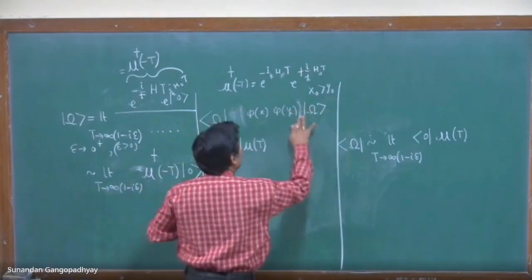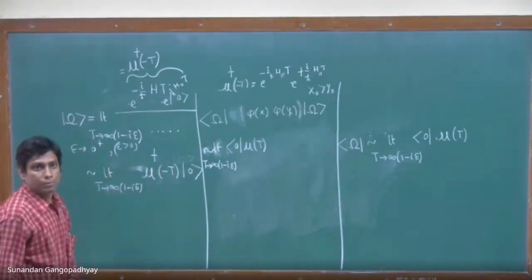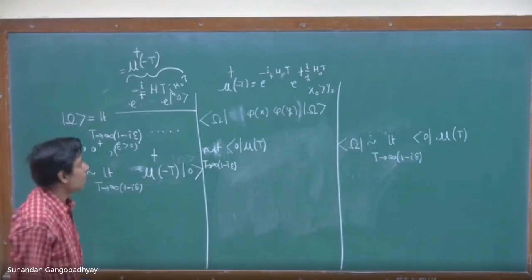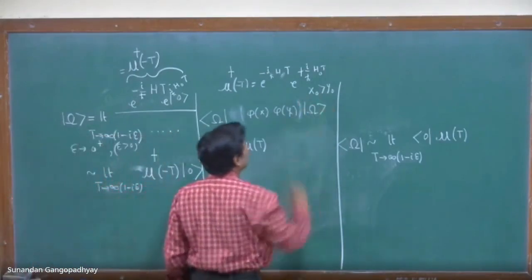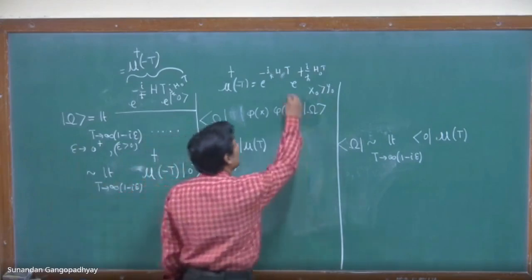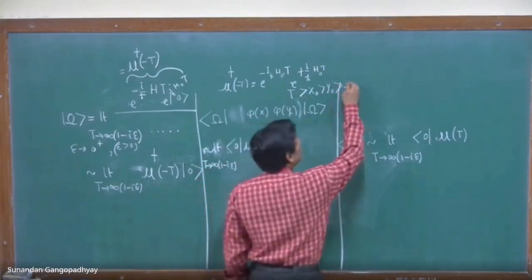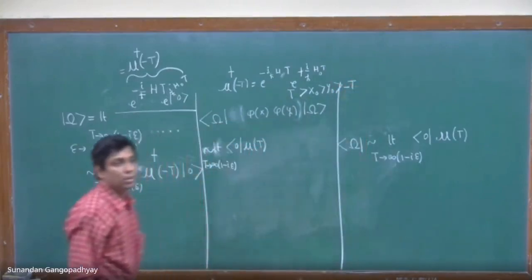This is already in time order form. The other term is 0 due to the theta function. Since T goes to infinity, therefore T is obviously greater than x naught, and y naught is obviously greater than minus T.